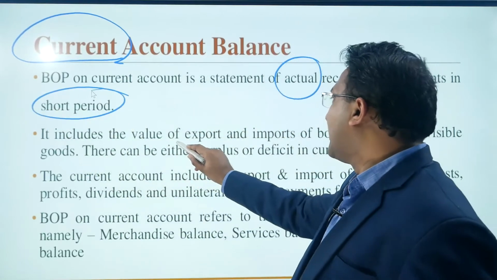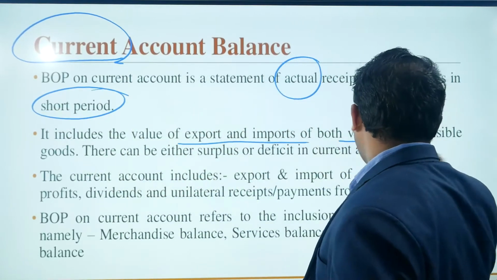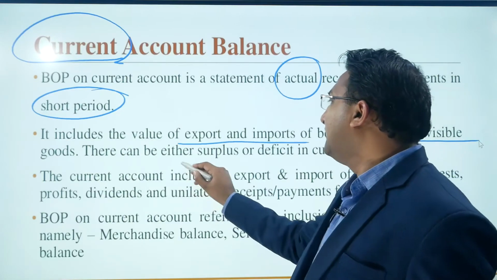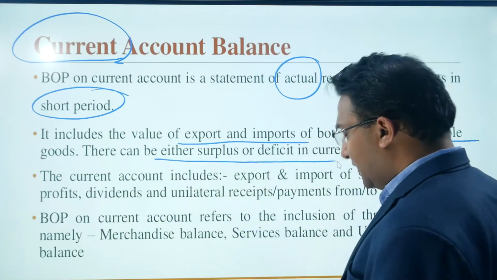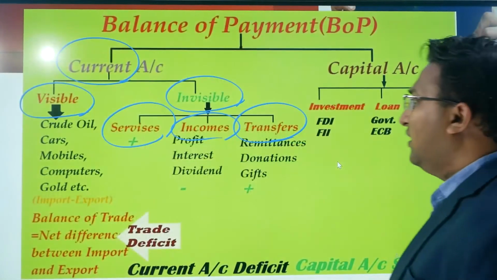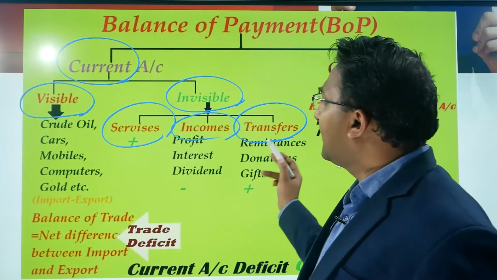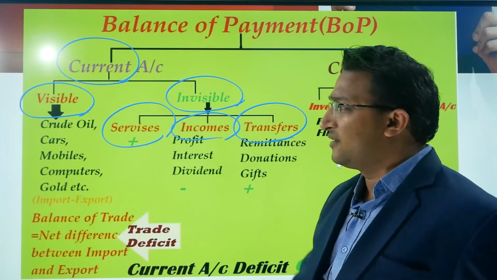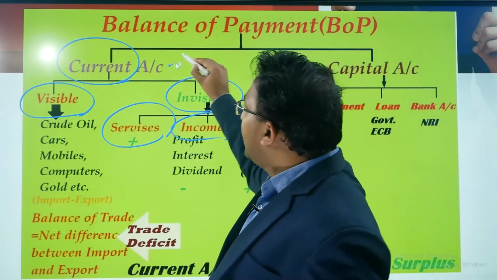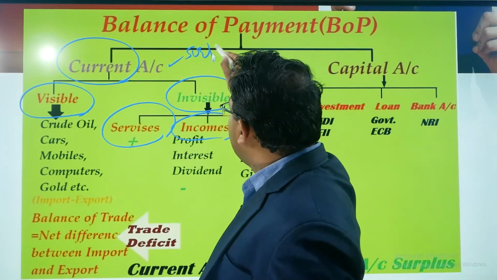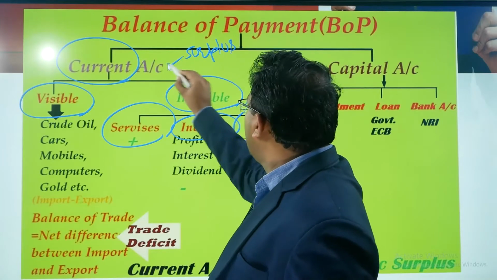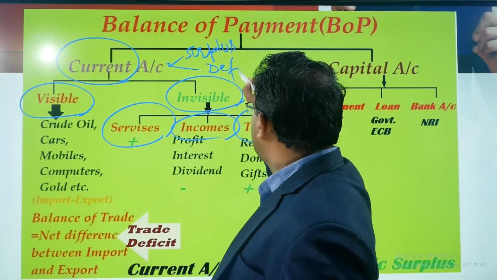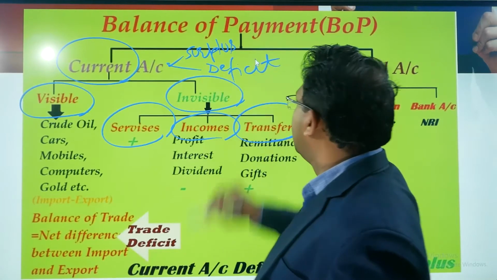It includes the value of export and import of both visible and invisible. There can be either surplus or deficit, right? So in this diagram we can see there is a possibility of both surplus and deficit in the current account. So both possibilities are there.